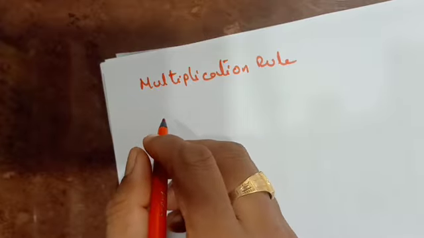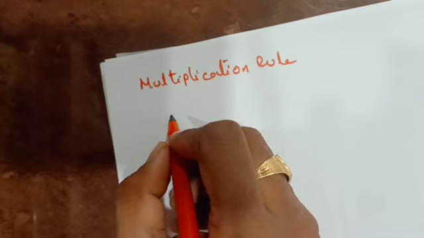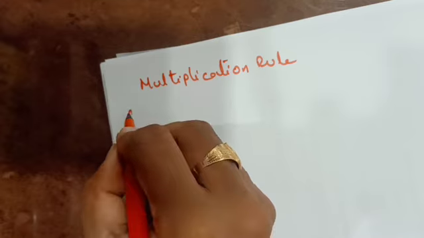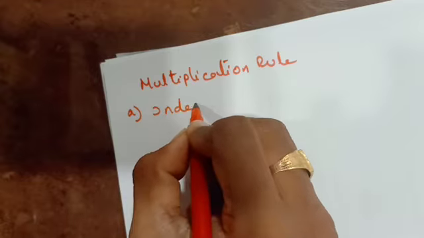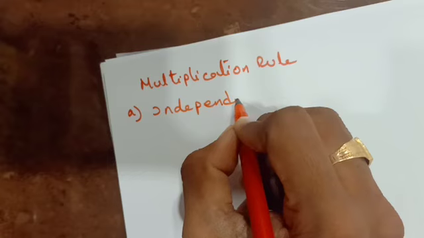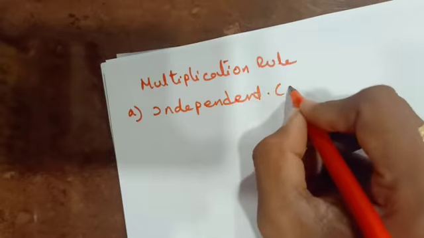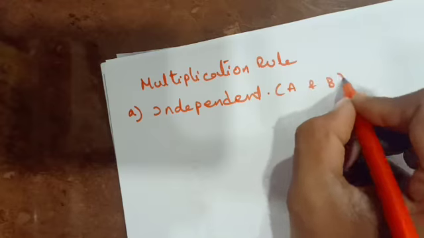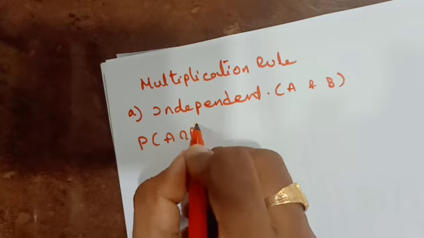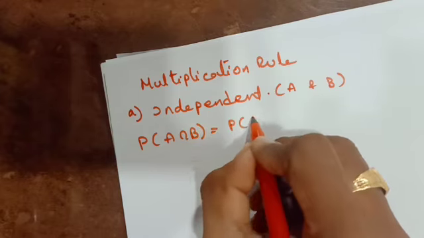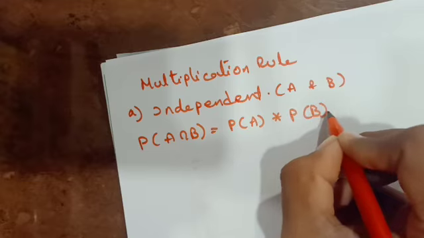Here also we are considering two events. For independent events, when events A and B are independent, P(A and B) is equal to P(A) into P(B).